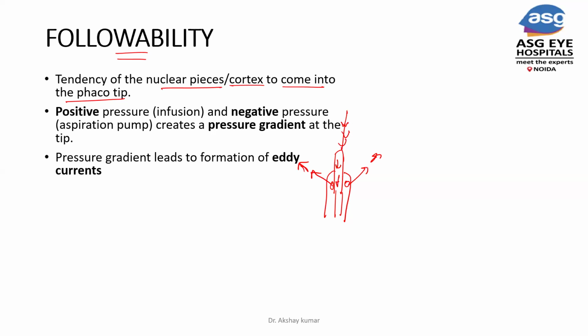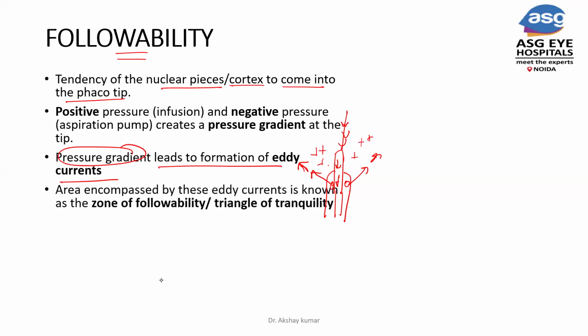So this creates a pressure gradient in this area. This pressure gradient will lead to formation of eddy currents, and these eddy currents will lead to the flow of the nuclear pieces into the phaco probe.